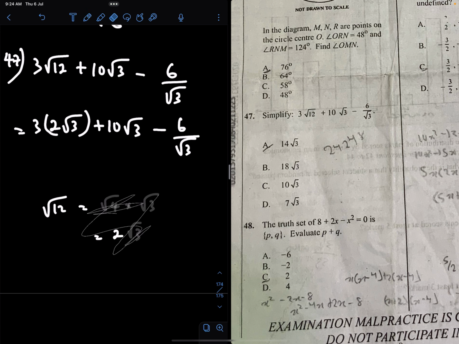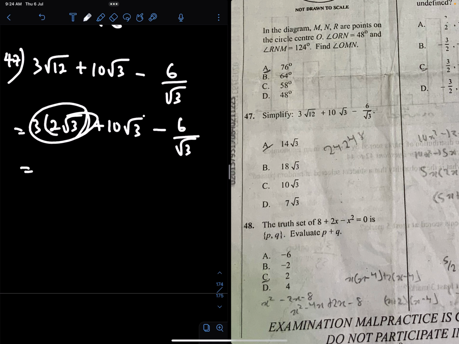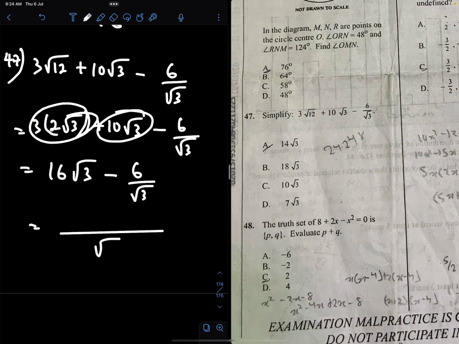And what does that mean? That simply means this will be 6 root 3. 6 root 3 plus 10 root 3 is 16 root 3 minus 6 over root 3. And now we can find the LCM. The LCM is going to be root 3. Of course, this is 16 root 3 over 1.